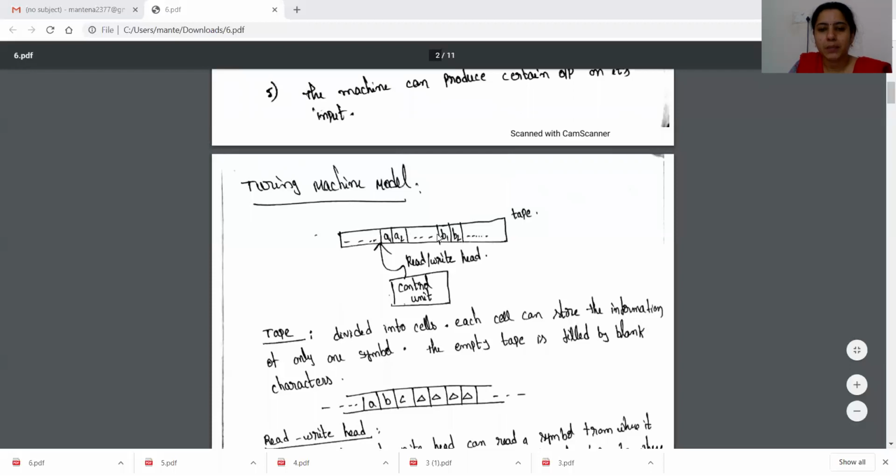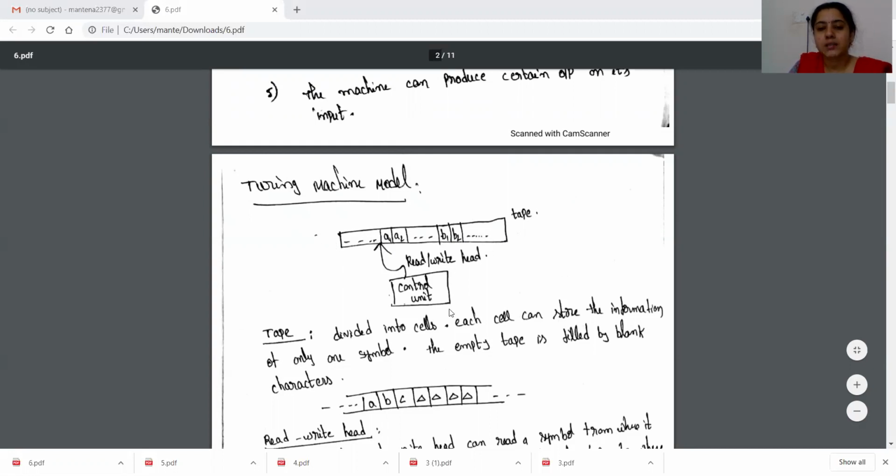Here we have tape, input to tape, and we have some finite control unit, and we have some head. So in a Turing machine, the head can read or can write on the input tape. And the input tape is not a finite tape, it is an infinite tape from both the ends. And head movement can be from left to right and right to left.